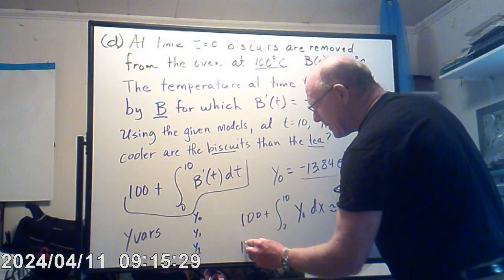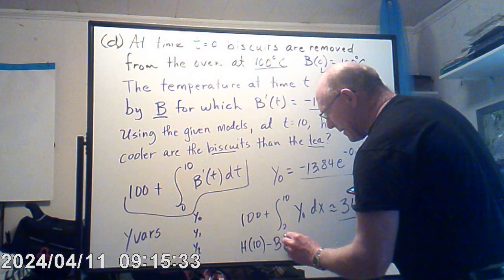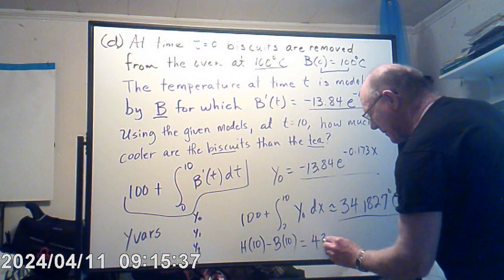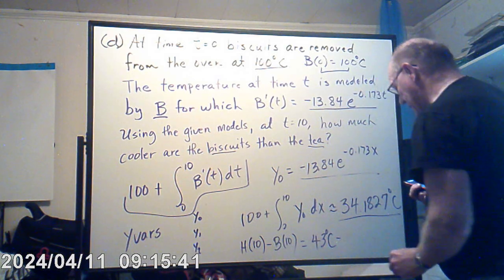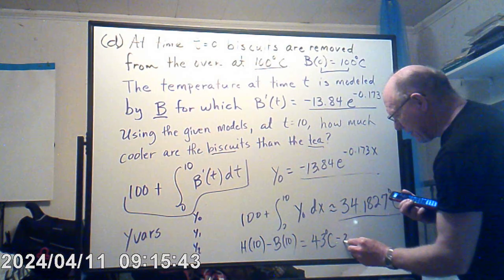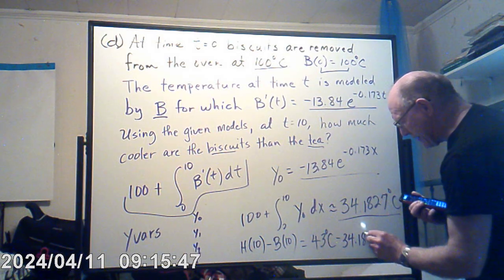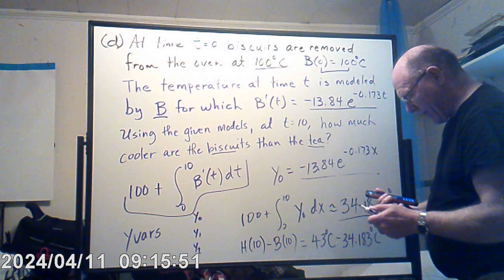It's going to be h at 10 minus b at 10. And that's going to be 43 degrees Celsius minus 34.183 degrees Celsius, and then you do get your final answer.